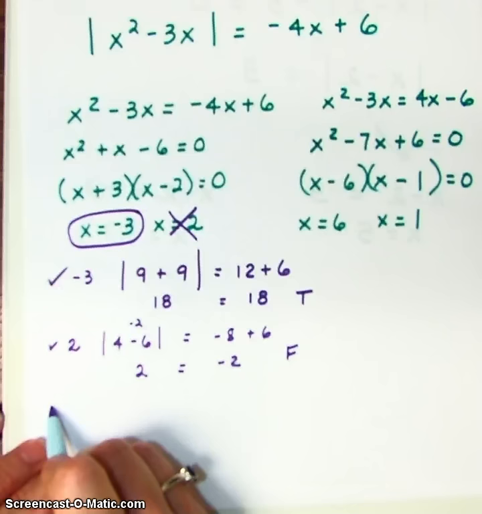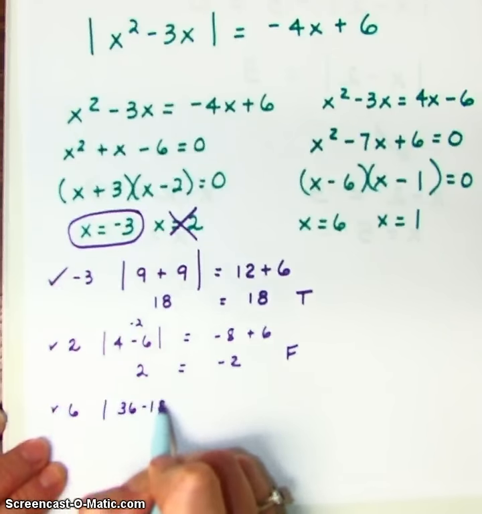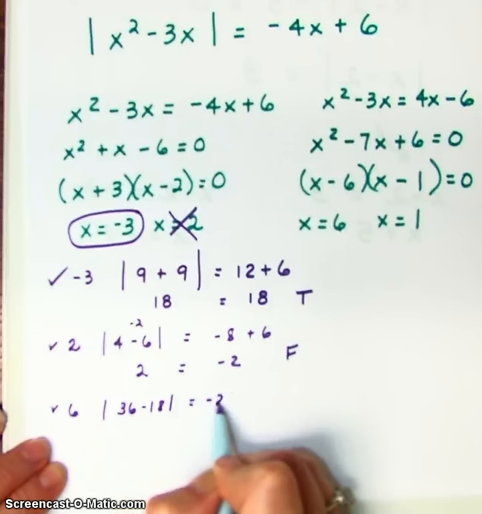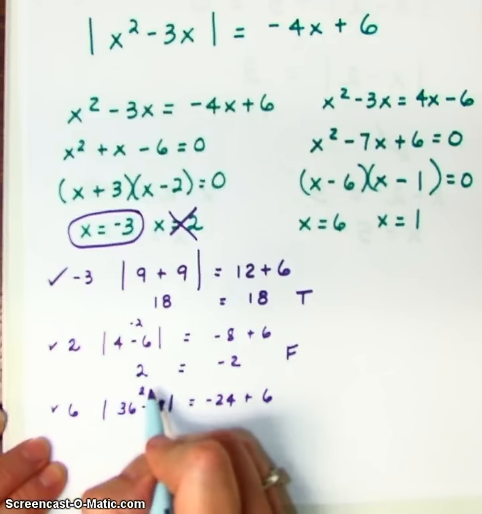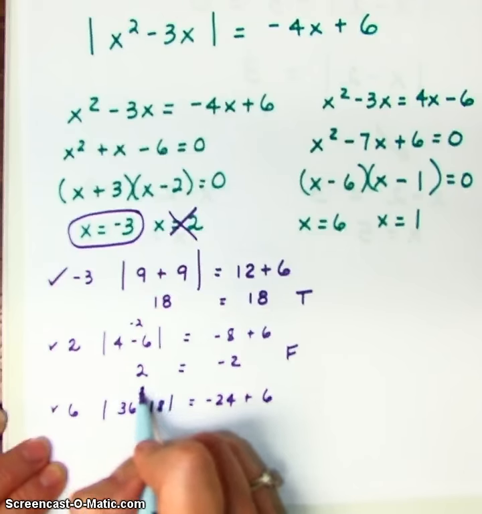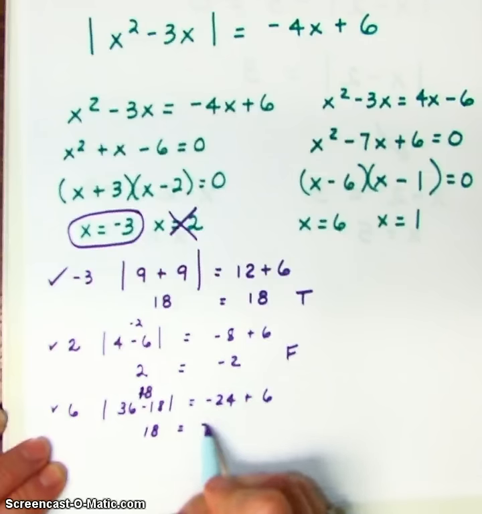Let's check 6, and we would have 36 minus 18 is equal to negative 24 plus 6. This is the absolute value of 18, which is 18, is equal to, and this is negative 18.